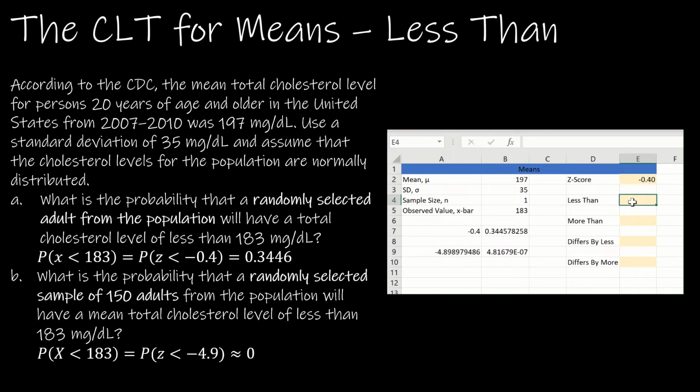In terms of finding the value less than, I'm just going to use NORM.S.DIST, just as I did before, and I'm going to use the z-score placeholder, comma, 1 for true, because less than is always going to be to the left. So again, for my first value, that does match what I found for probability. And if I change this to 150, then I essentially get 0, which is what we talked about before.